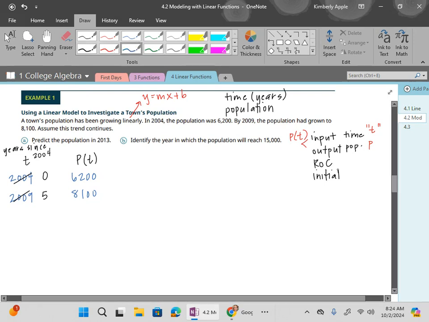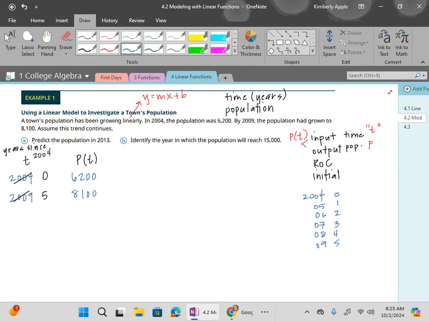Okay. It's all right. So in your mind, what you can do if you're not quite tracking that is, you can say, all right, this is 04, 05, 06, 07, 08, 09, and this is 0. So this is 1, 2, 3, 4, and 5. Now, aren't those numbers so much nicer? I've just changed the way I've defined the input variable.